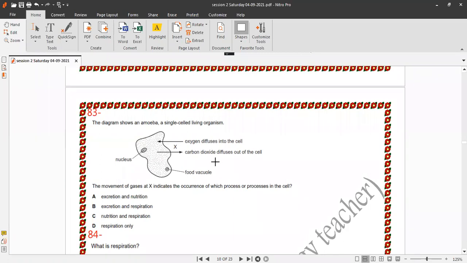Oxygen diffuses in and carbon dioxide diffuses out at X. Who can answer this one? What happens here?